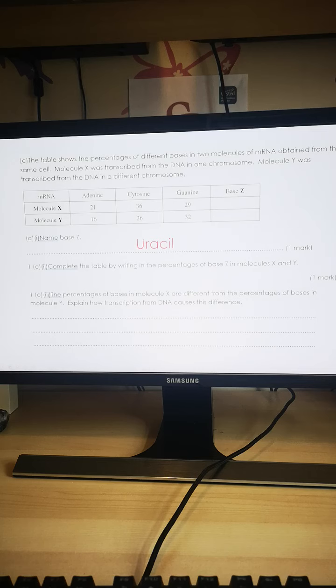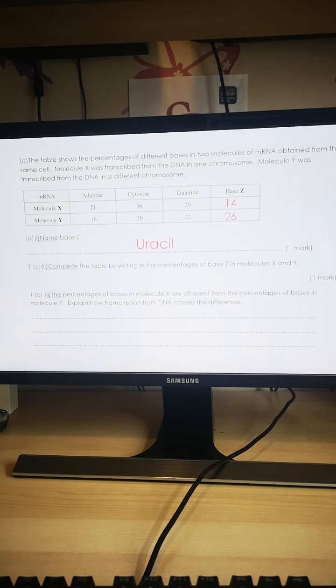Complete the table by writing the percentages of base Z for both of these molecules. Remember, this is a single-stranded molecule, but because these are percentages, if we know the percentage of adenine, cytosine and guanine, what's left to take us up to 100 would be our uracil. So that's the answers you should have in there.